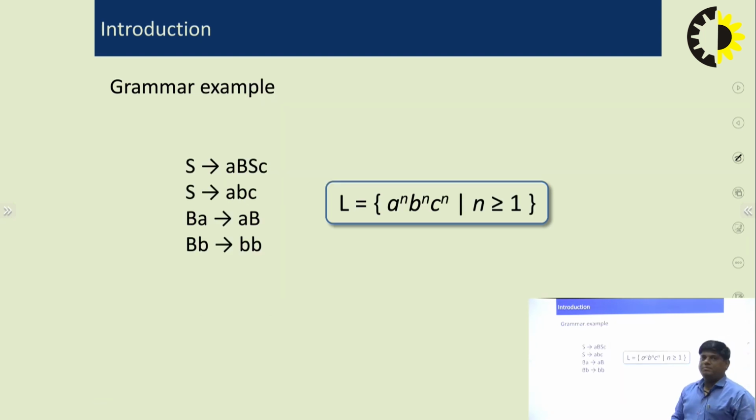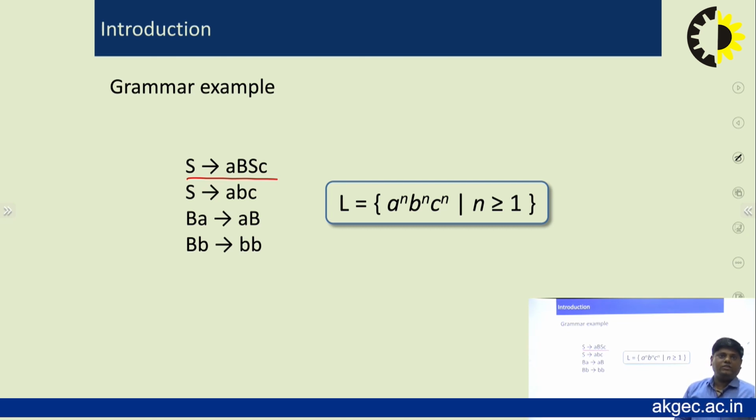Here is an example of a grammar: S tends to aSc, where S is your start symbol and it is written on the left side of the context-free grammar. Small a is known as a terminal, and in a context-free grammar, terminals are always written on the right side.